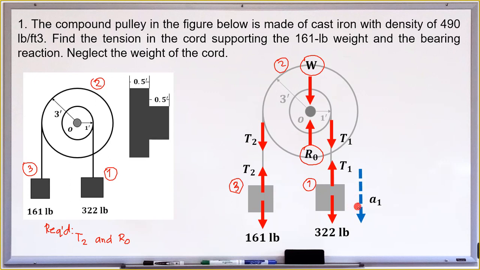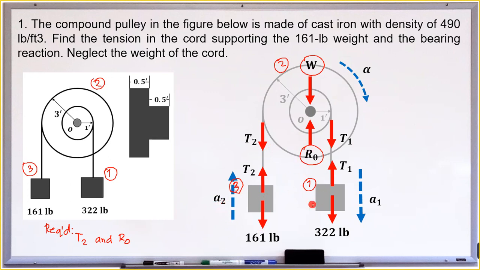So the direction of acceleration for our heavier weight is downward, labeled as A1. If the 322 pound block goes downward, therefore the smaller radius pulley rotates clockwise, and its angular acceleration is alpha. Now if this compound pulley rotates clockwise, it is obvious that the 161 pounds block will be pulled upward. Therefore, its acceleration is upward, labeled as A2.